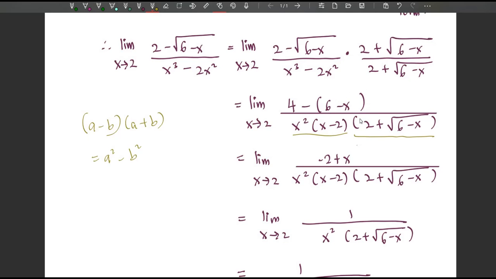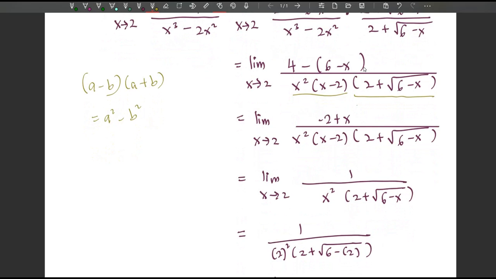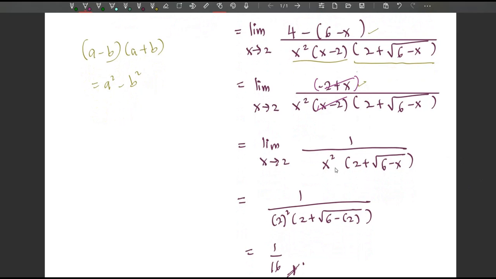Simplifying the numerator, we have negative 2 plus x, because 4 minus 6 is negative 2, negative x is positive x. Cancel the common factor, which is negative 2 plus x, the same as x minus 2.